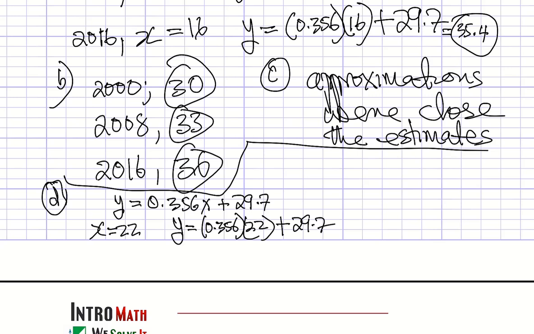That's how they're using the years, they use the last 2 digits, right? So 0.356 times 22 plus 29.7 equals 37.5. We'll leave it there.